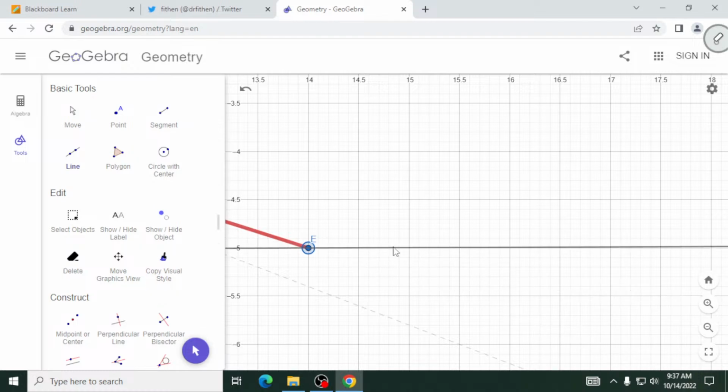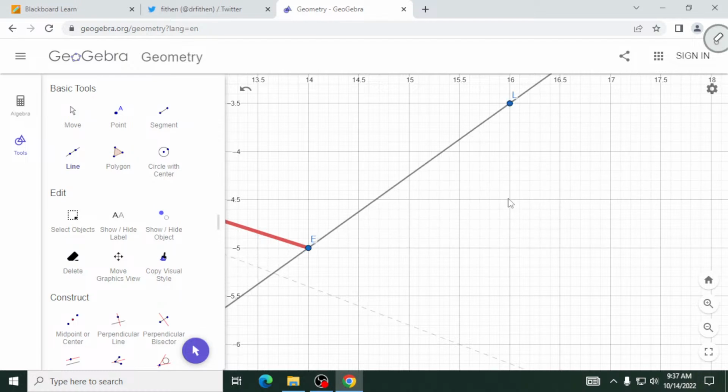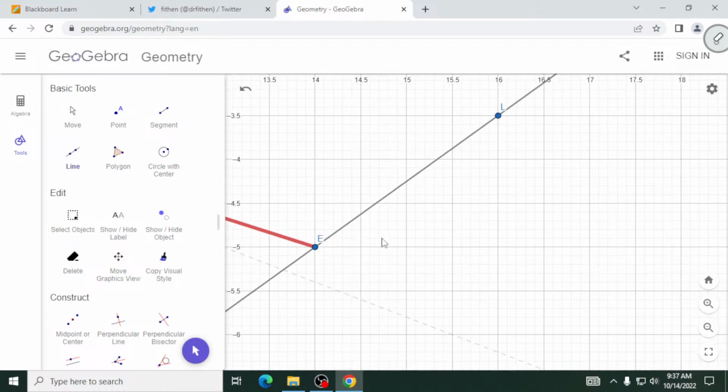Okay, 1, 2, 3, 4. 1, 2, 3. It doesn't look like it on the screen, but that line is 1, 2, 3, 4, and then 1, 2, 3.